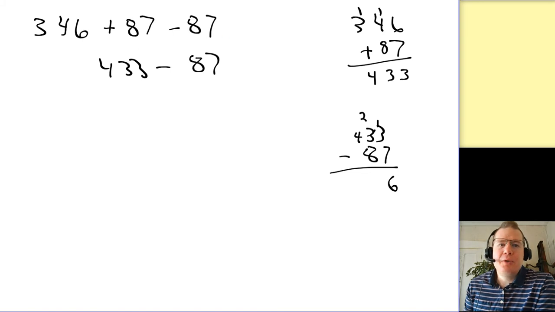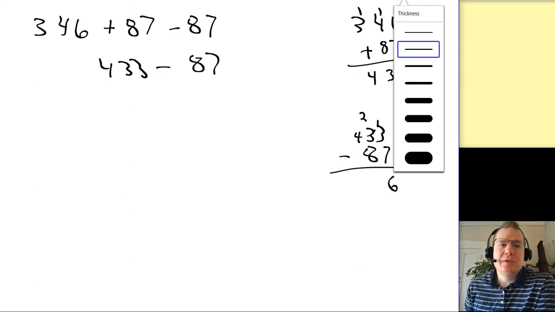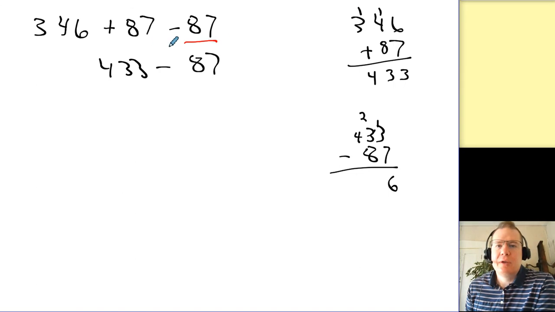But the beautiful thing about addition is that it's associative. I can add these two terms first if I choose, so long as I remember which sign goes with which term.